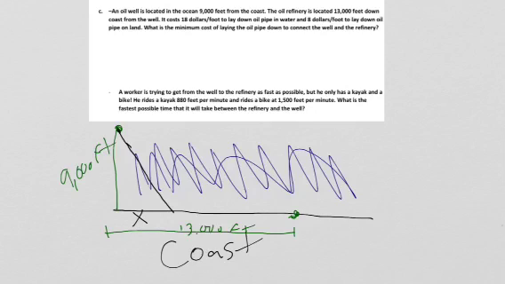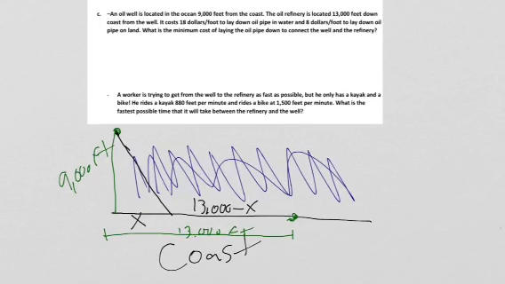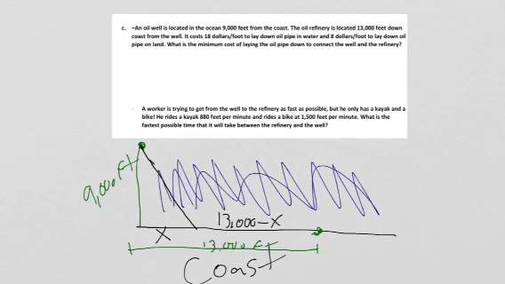So then if this is X and the whole thing is 13,000, then our distance on land ends up becoming 13,000 minus X. Then we have to figure out what our distance on water is, because we're trying to figure out a cost equation. So we need to represent the distance on water somehow, and we're going to do so using the Pythagorean theorem. X squared plus 9,000 squared equals this distance squared.